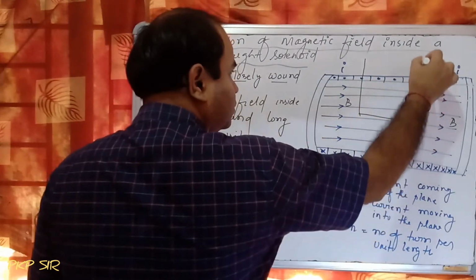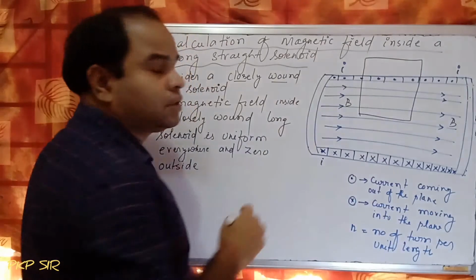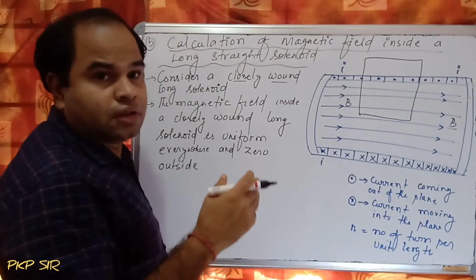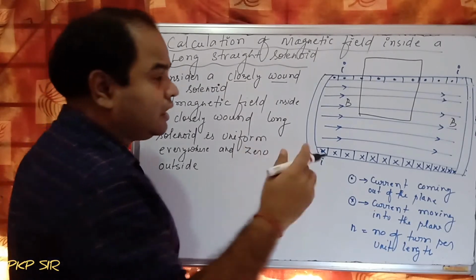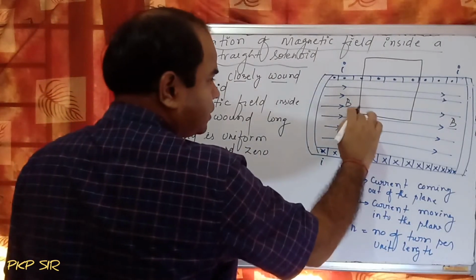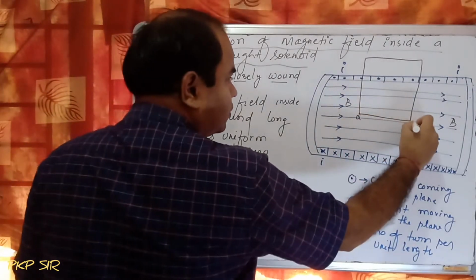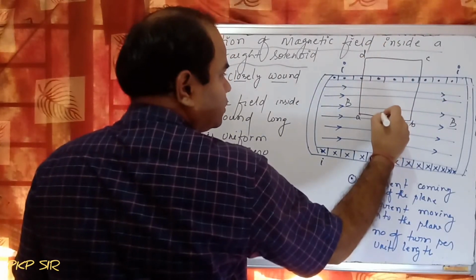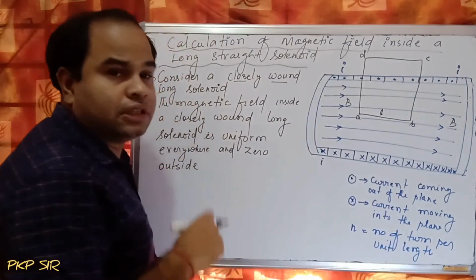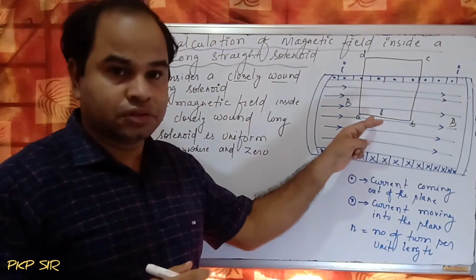Let the length of the square be small l.